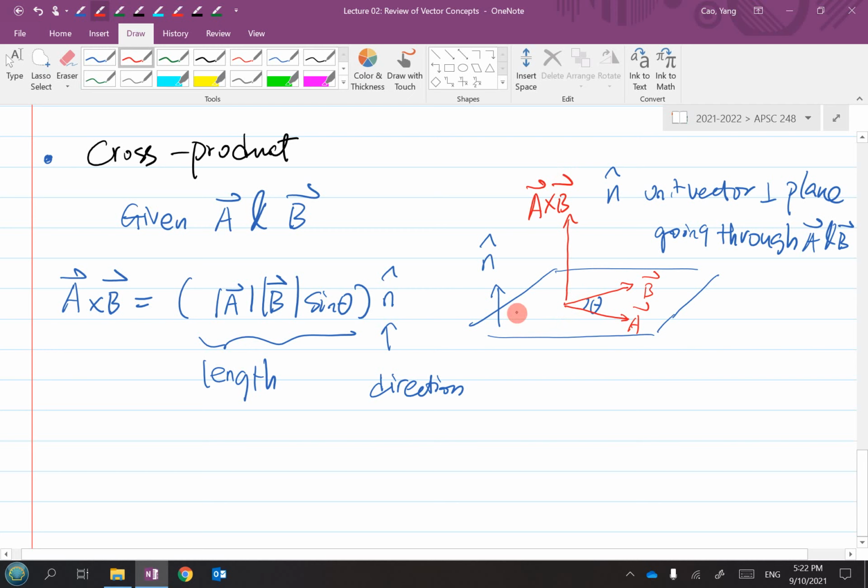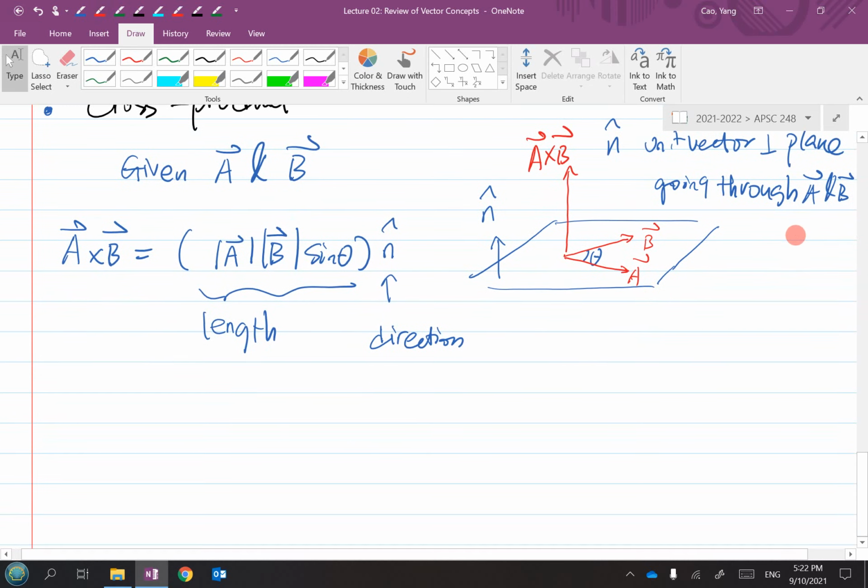Apparently, A cross B is perpendicular to the plane, which means A cross B is also perpendicular to what? To A and B, because it's perpendicular to the plane. Any questions? Okay, good.